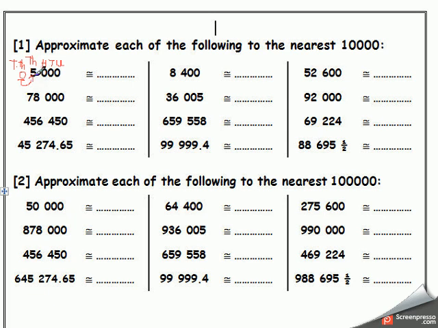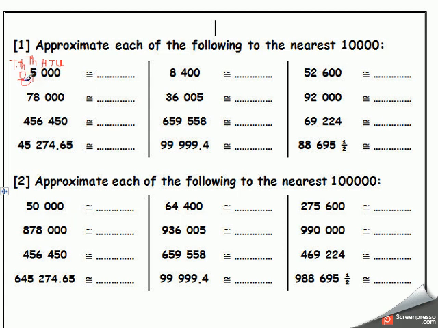Is the 1,000 digit weak or strong? We have weak numbers: 0, 1, 2, 3, and 4. And strong numbers: 5, 6, 7, 8, and 9. 5 is strong, so the 10,000 will be increased by 1.